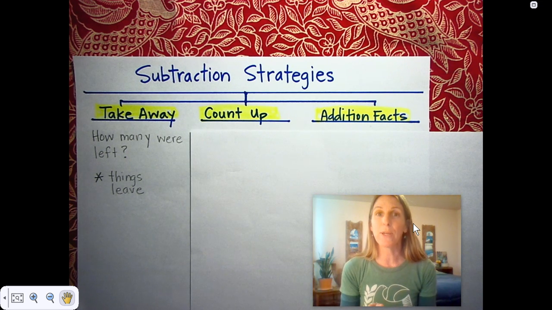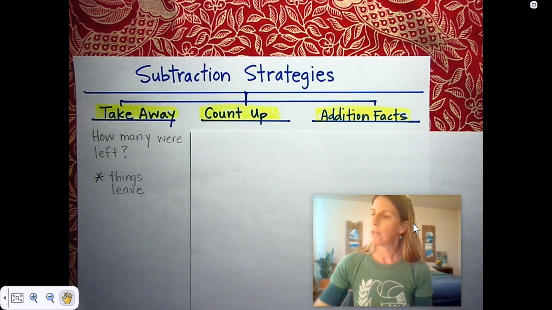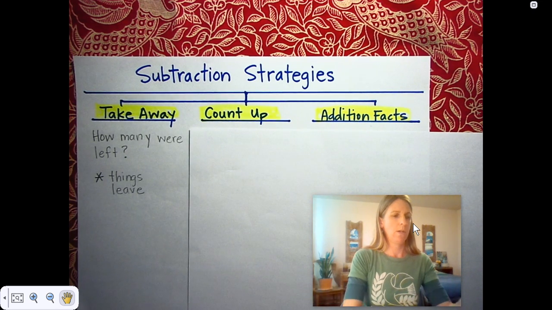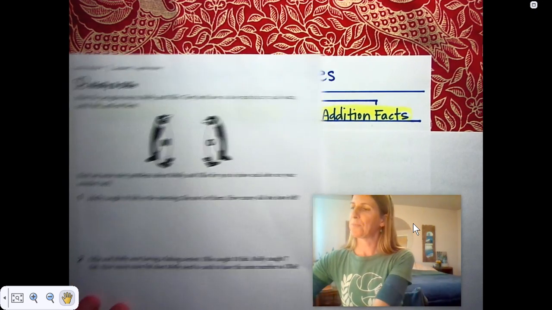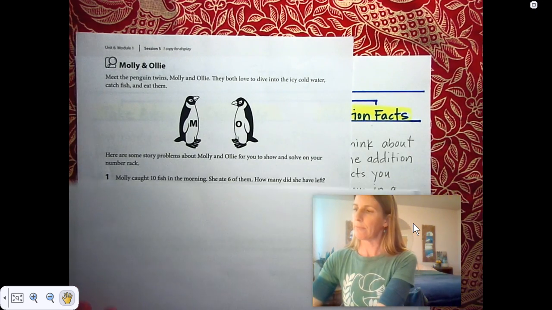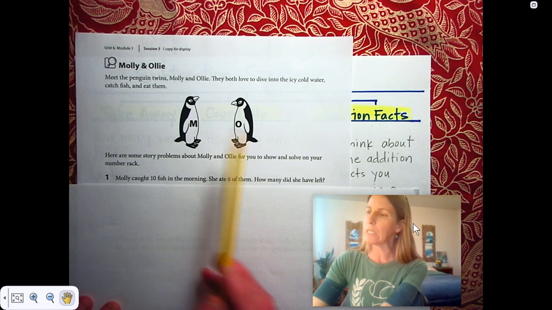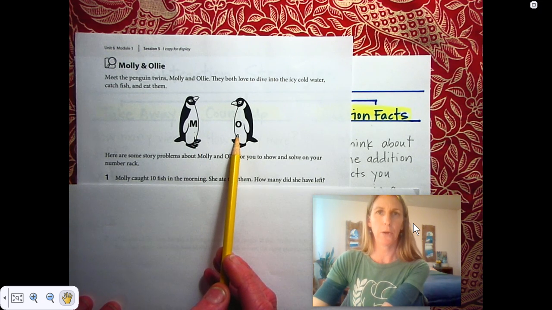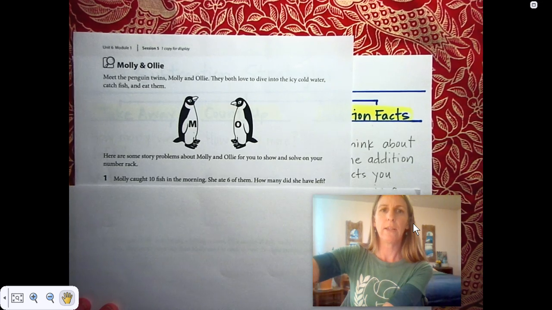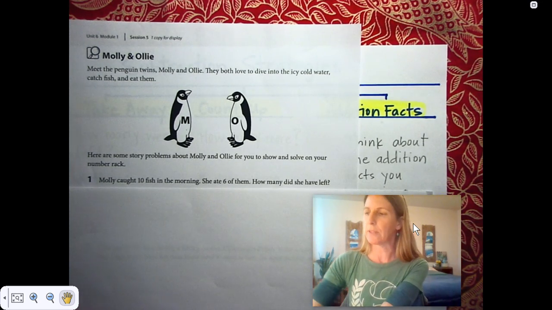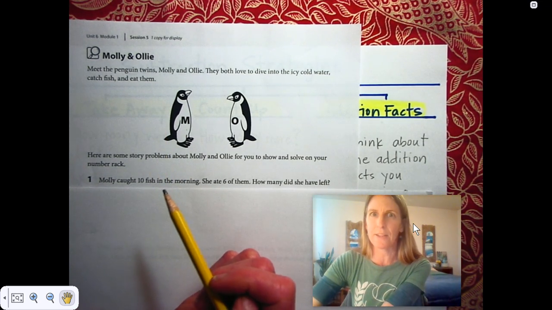So I'm going to do examples with you with penguins. And we've got 2 penguins today. They're brother and sisters, and they're Molly and Ollie. So let me get that out for you here. Here we have Molly, M for Molly, and Ollie, O for Ollie. The funny thing is they spell their names differently. It's that tricky E sound at the end of a word.